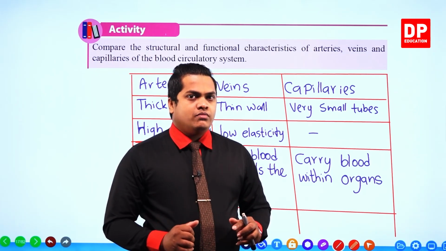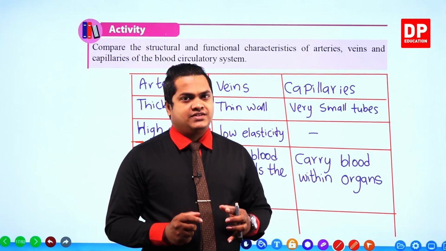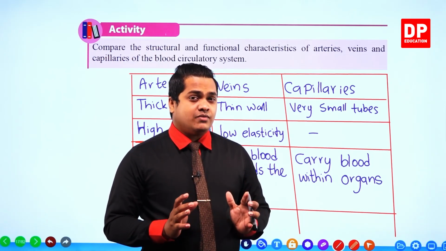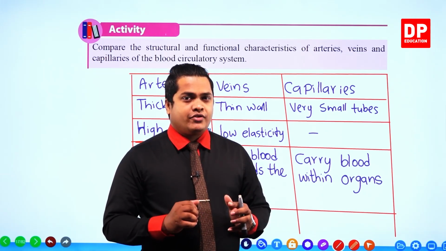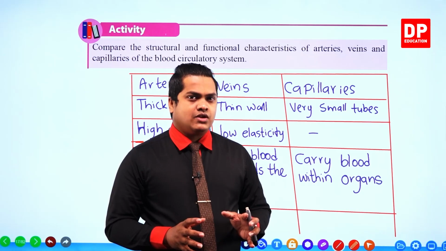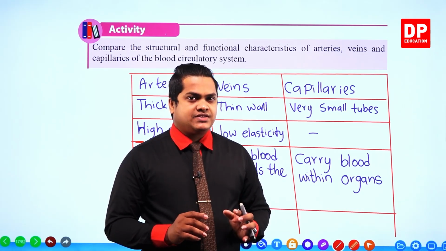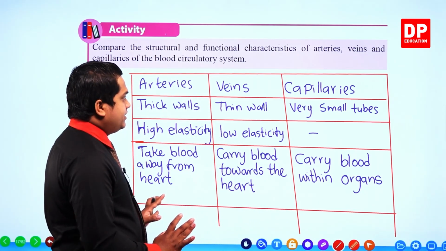So at home, by referring to books or the internet, you can find out these details and tabulate like this. My dear children, it's important to follow these things in order to get good knowledge about our circulatory system and about the valves connected to the circulatory system. I have mentioned three here, right?